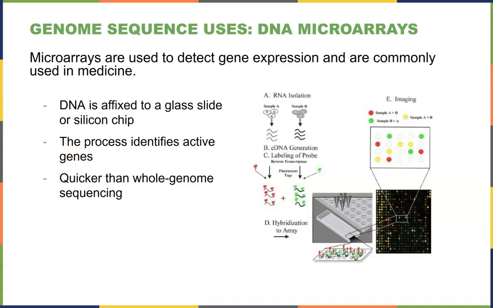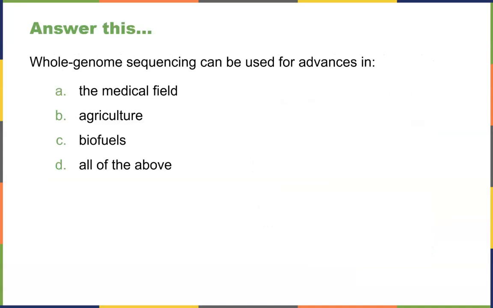So DNA microarrays are a lot easier to create because we're only looking at active genes instead of the entire genome. So we have a lot of our genome that doesn't actually code for genes. It's just kind of nonsense. And so in this process, we're just looking at the stuff that makes sense there. So that's just another way.